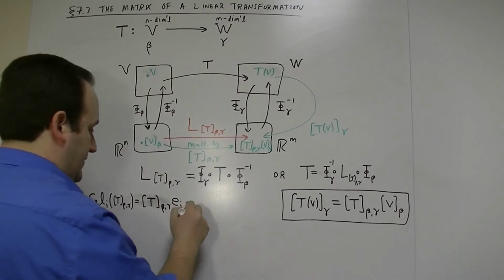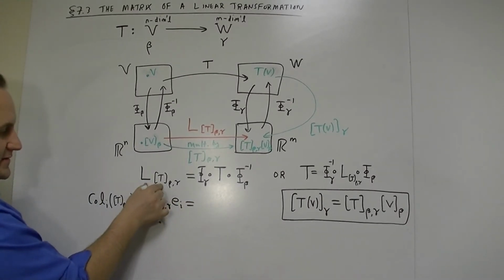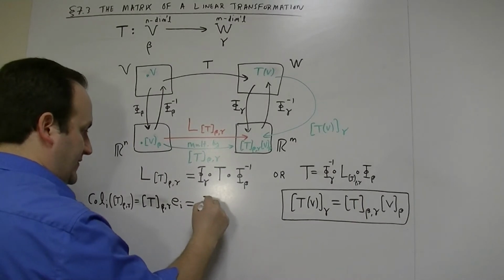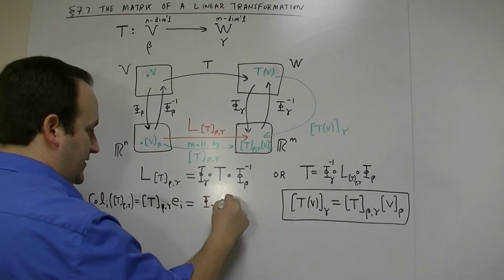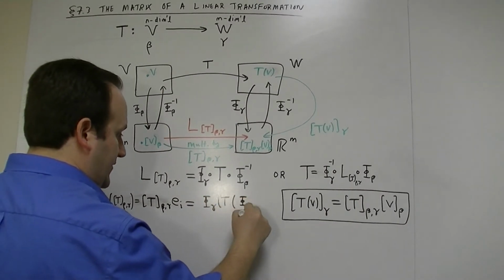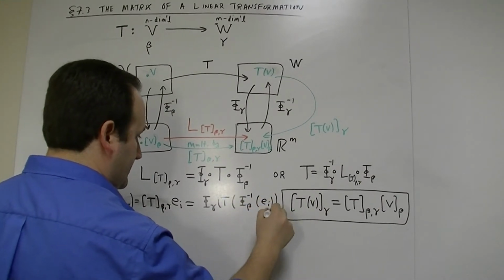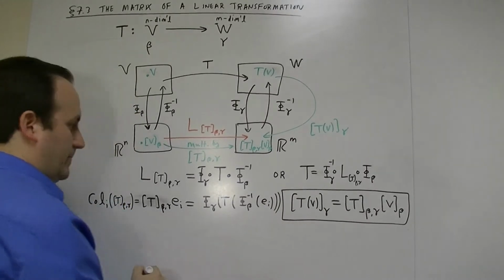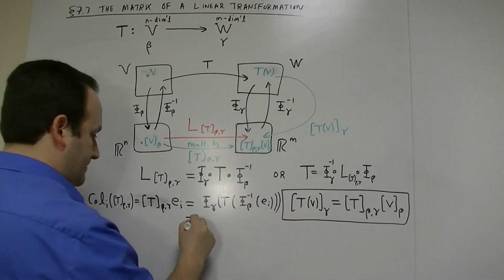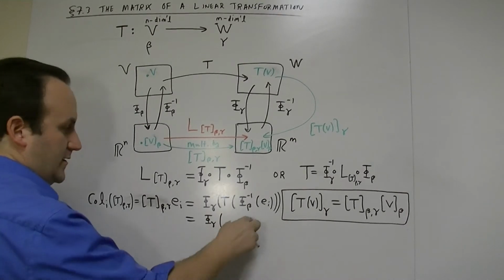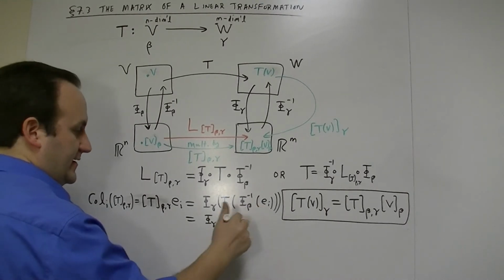But on the other hand, that's the same as this linear transformation acting on e_i, which means that's the same as phi gamma of T of phi beta inverse of e_i. But what is that?